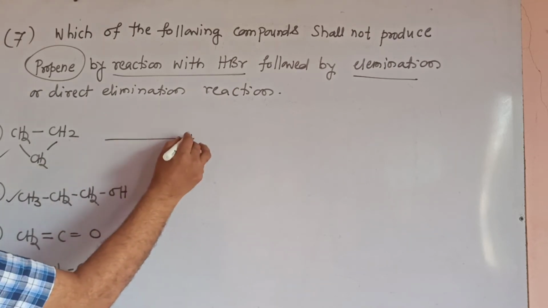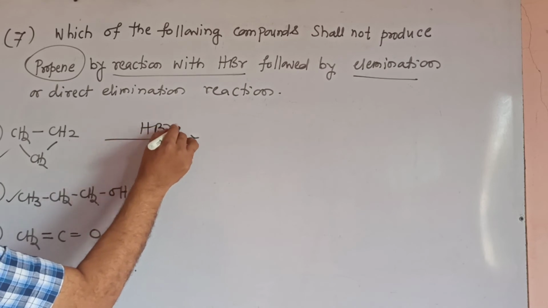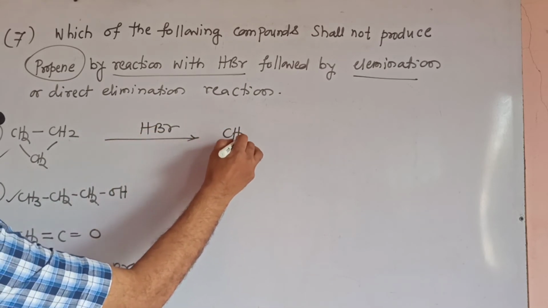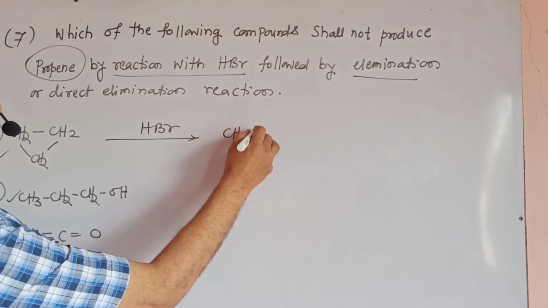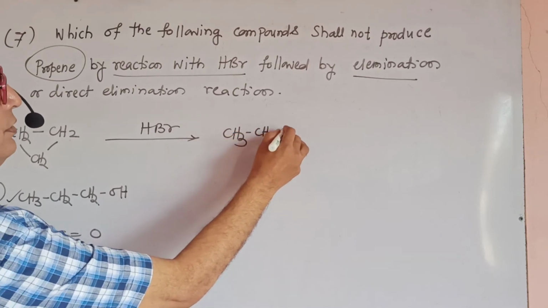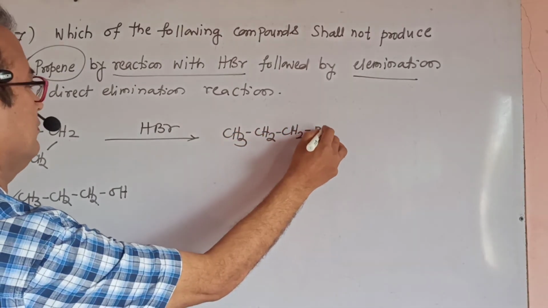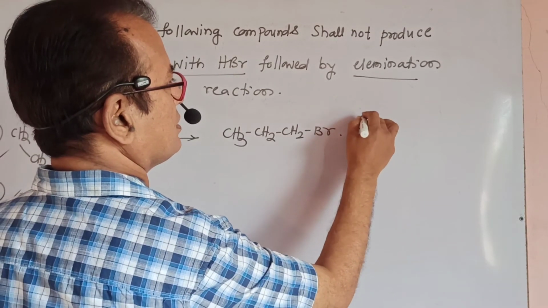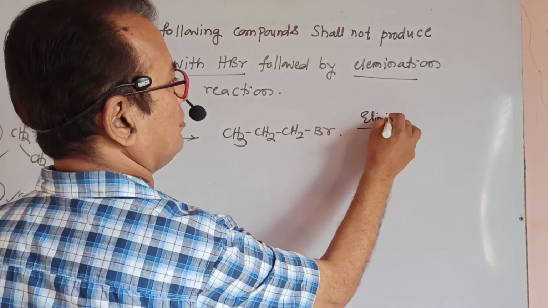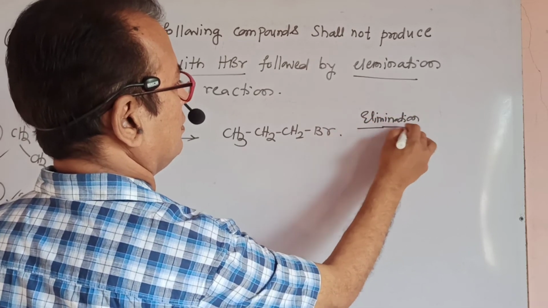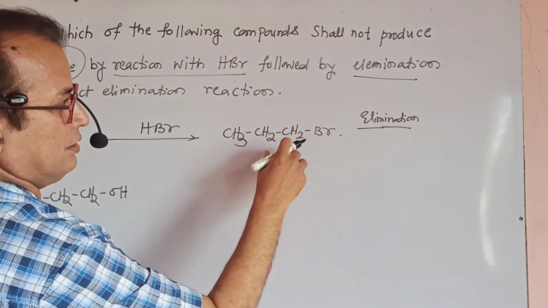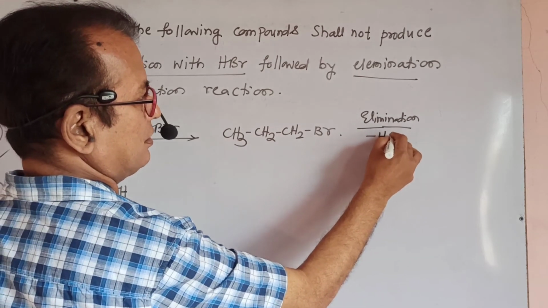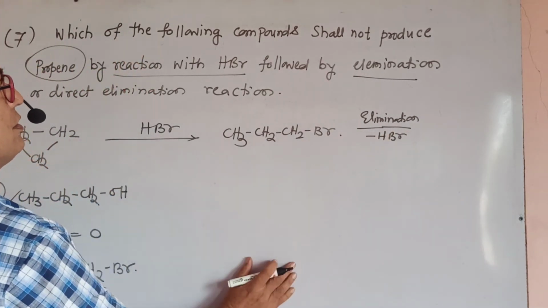If it is reacted with HBr at the first step, CH3 CH2 CH2Br, it is our formation of propyl bromide, and again an elimination reaction takes place. One Br and one hydrogen get eliminated, minus HBr.